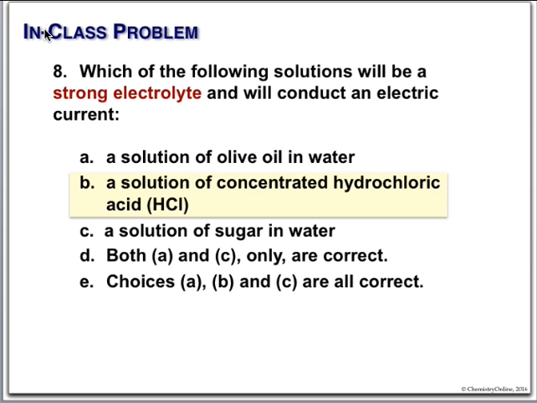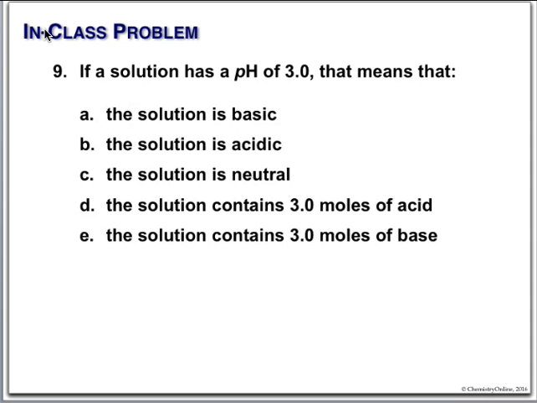All right, moving on to our favorite subject, pH. Here we have a solution that's pH 3. What does that mean? That it's basic, acidic, neutral, 3 moles of acid or 3 moles of base. The basic thing we remember is that a neutral solution was pH 7, right?